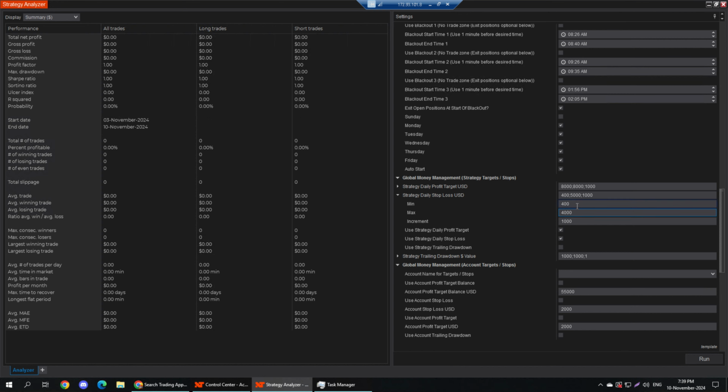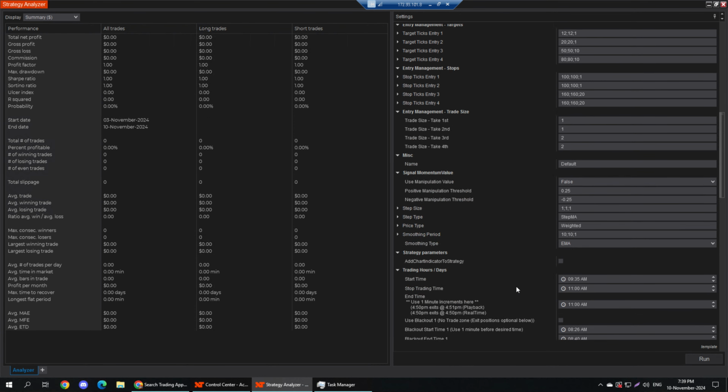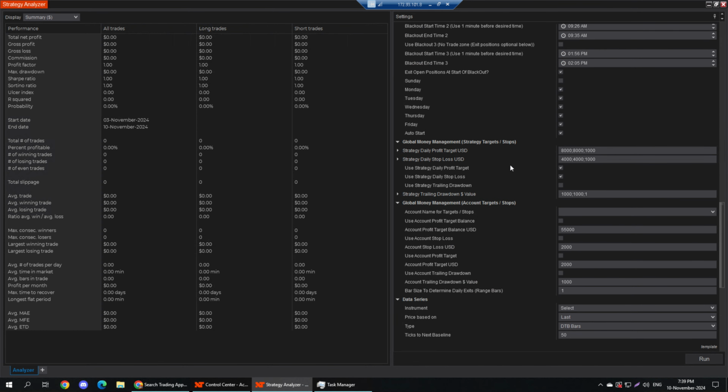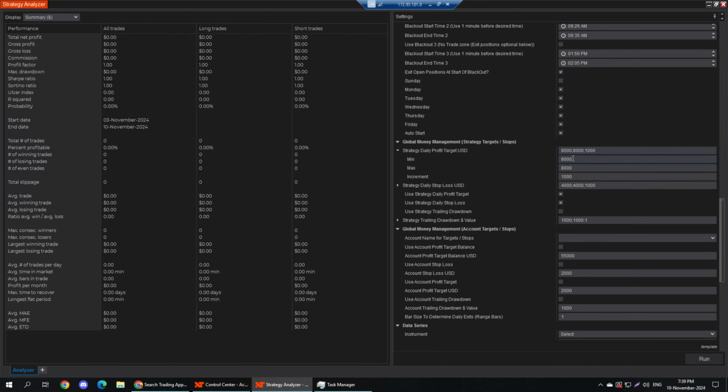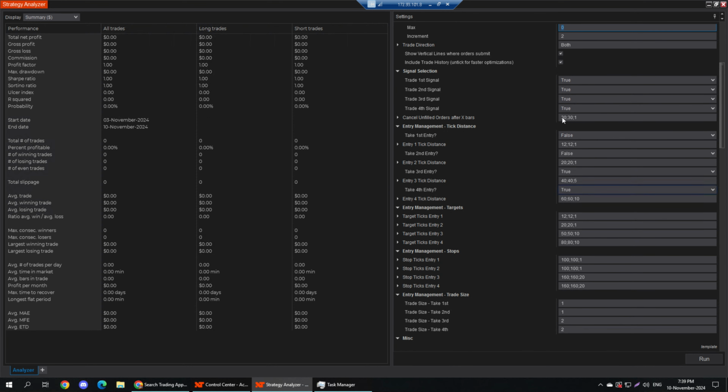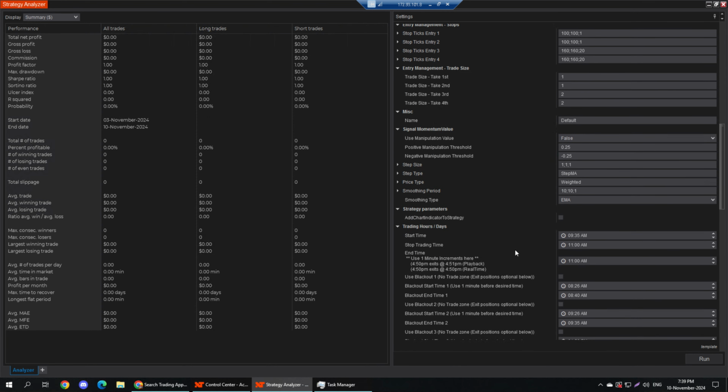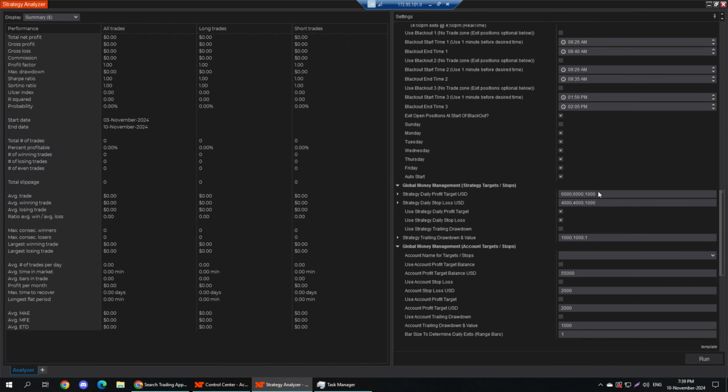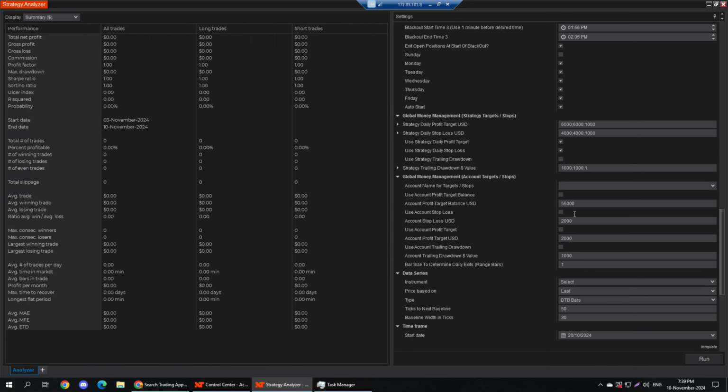I'll make this 4,000. Because the strategy is entering smaller size contracts, then you can reduce these too. So you can go 6,000 over here. Or you can leave them completely unticked to see what the strategy actually produces, and then come back and refine this. But we'll adjust those.